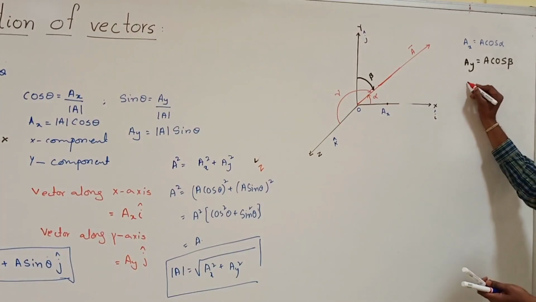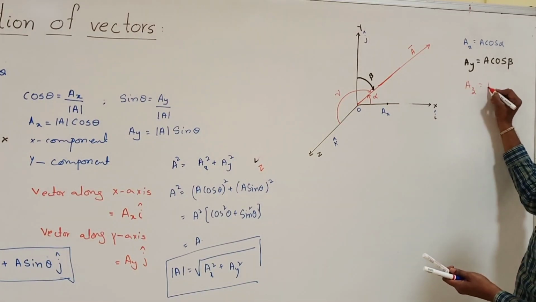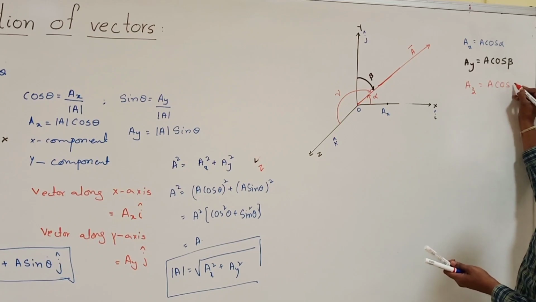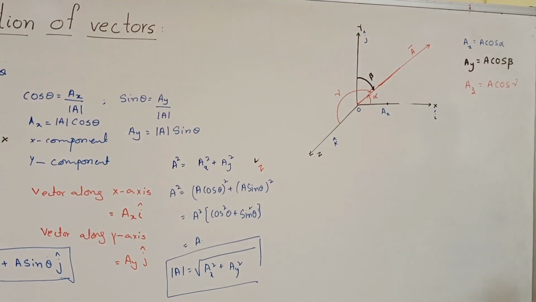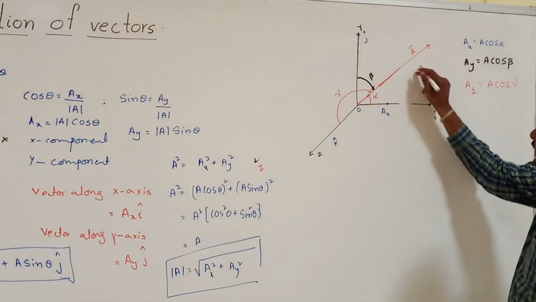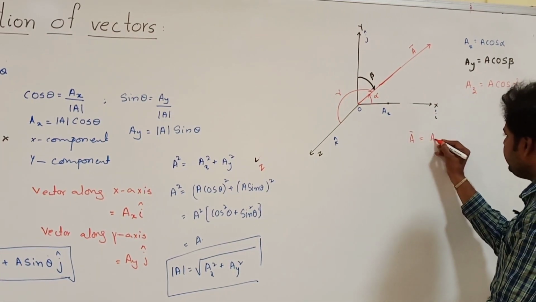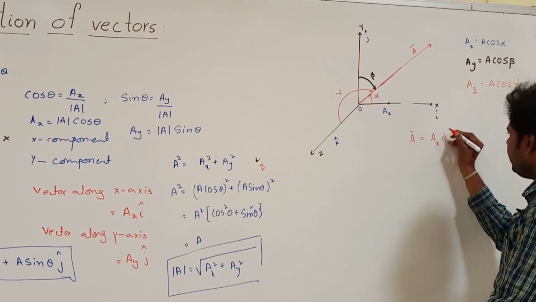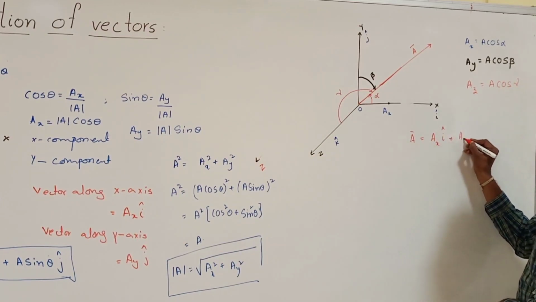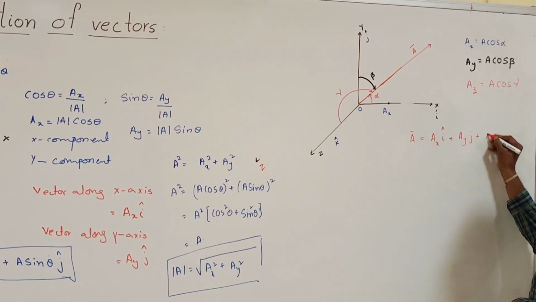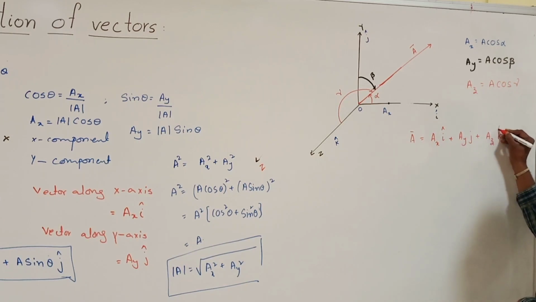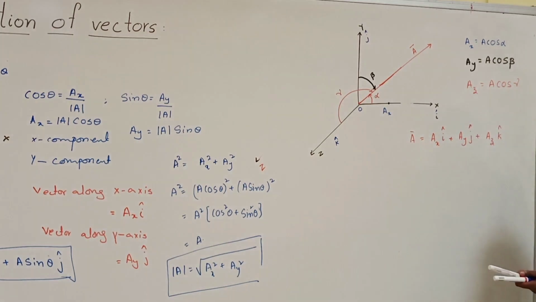Now, the z component AZ is equal to A cos gamma. So alpha, beta, gamma are the angles made from the axes to the vector A. Now, how to write a vector A in three-dimensional space: AX i plus AY j plus AZ k. i, j, k are the unit vectors.